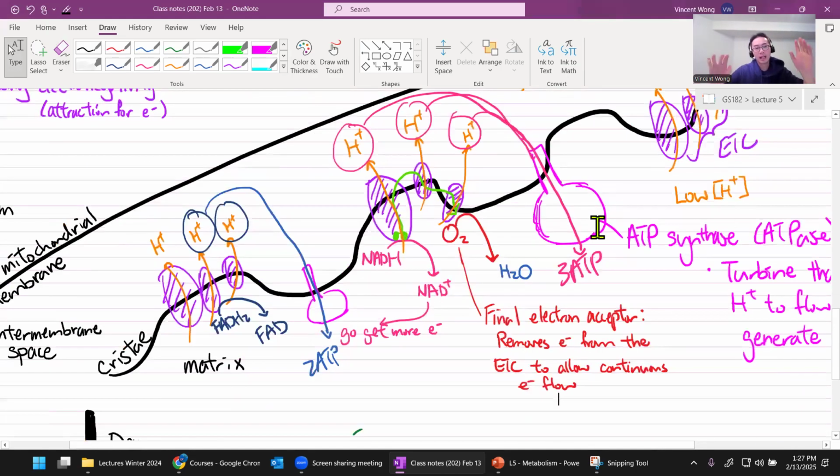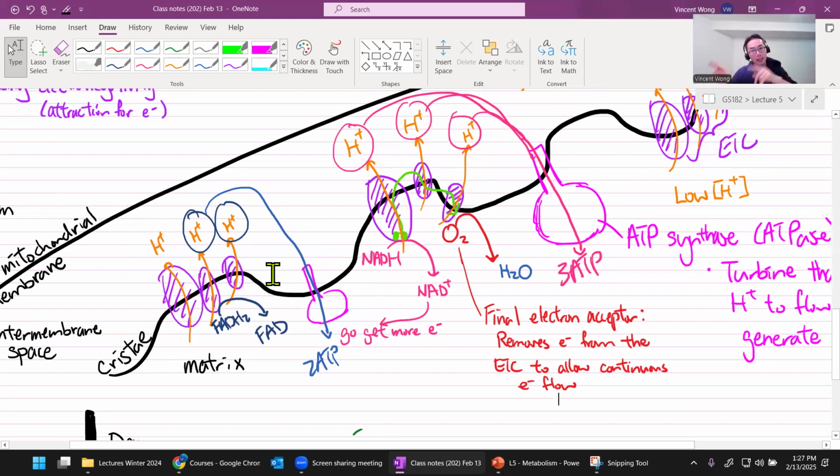Now listen to me for a second and try to understand. If we don't breathe, we don't have oxygen, and if you don't have oxygen, you cannot remove the electrons from the ETC. Then the NADH and the FADH2 will have nowhere to deposit the electrons. The electron will stop flowing.